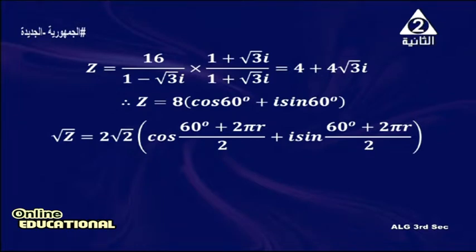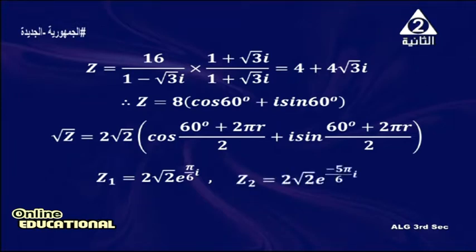We put r equals 0, r equals 1. When r equals 0, z1 became 2 root 2 e power pi over 6i. Z2, when r equals 1, is 2 root 2 e power negative 5 pi over 6i.